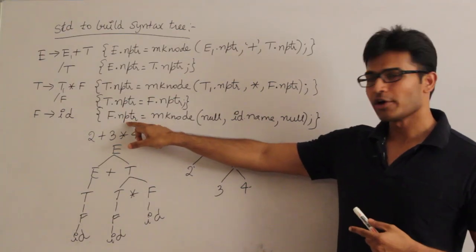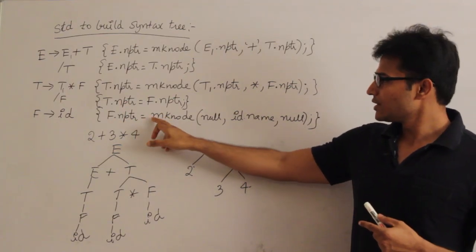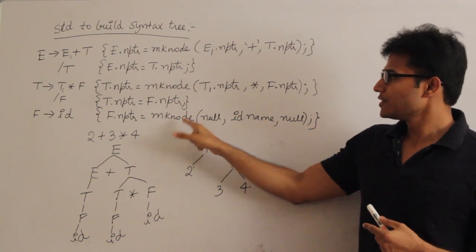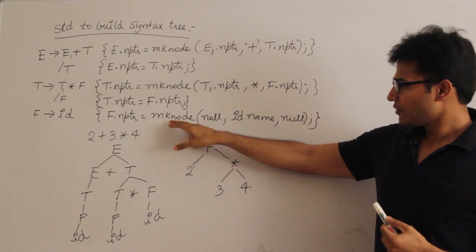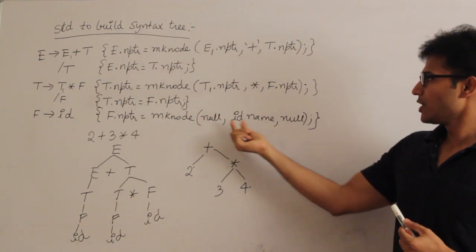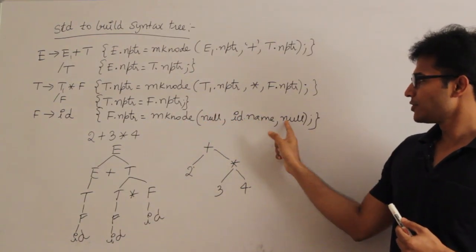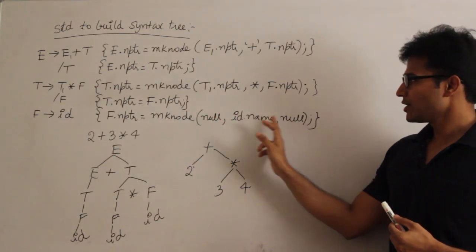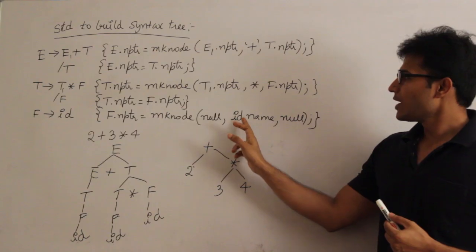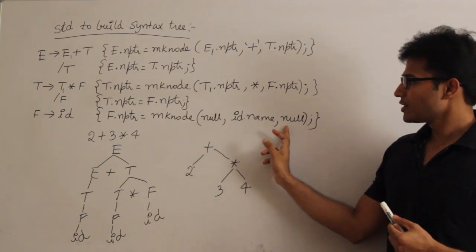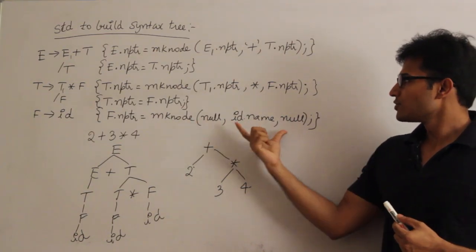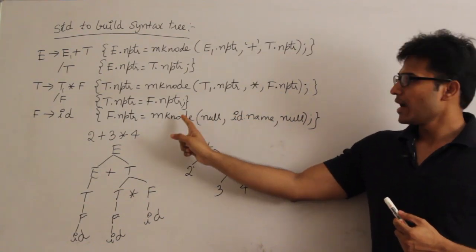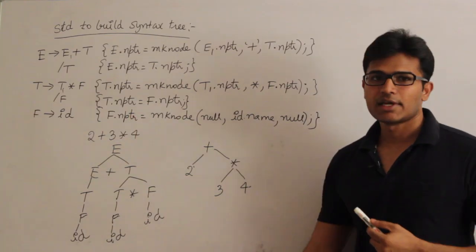Make node is a function which will create a node with 3 attributes: left pointer, right pointer, and the value. So make node is going to create a node with these values and then return a pointer, and that pointer value will be stored in F.nptr.